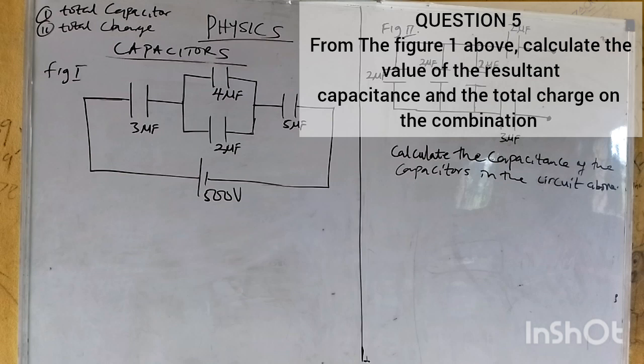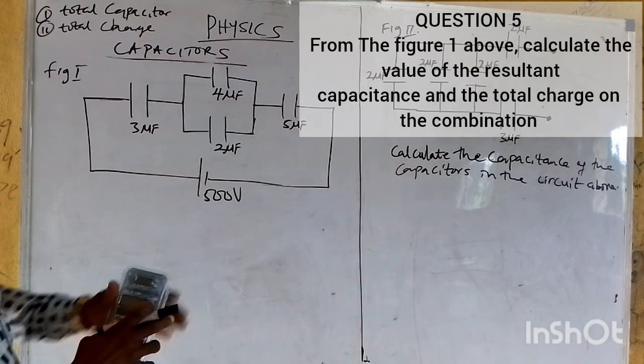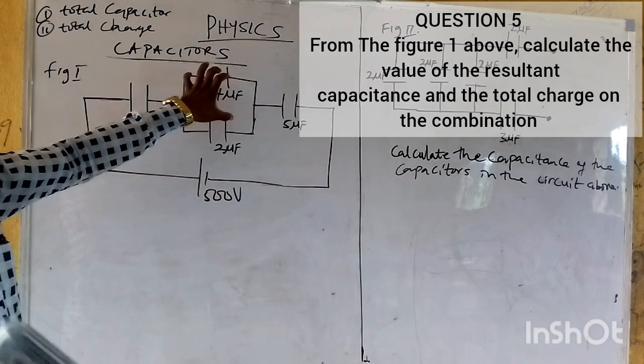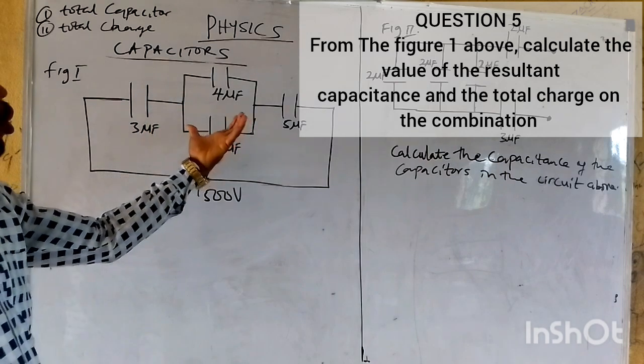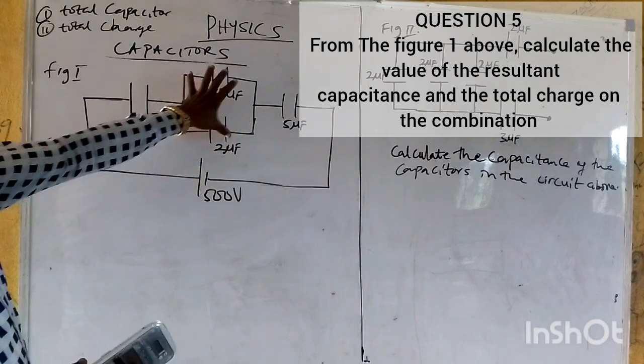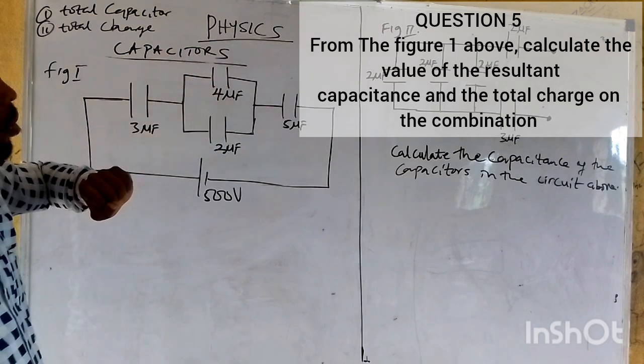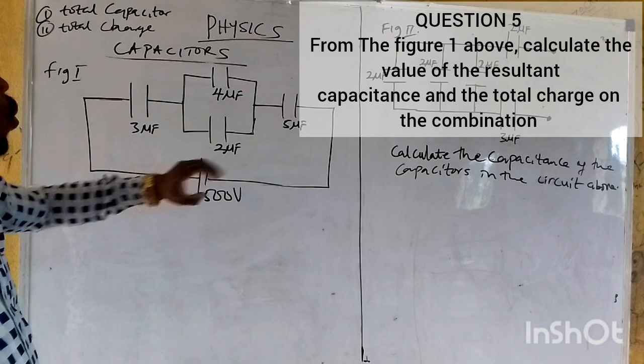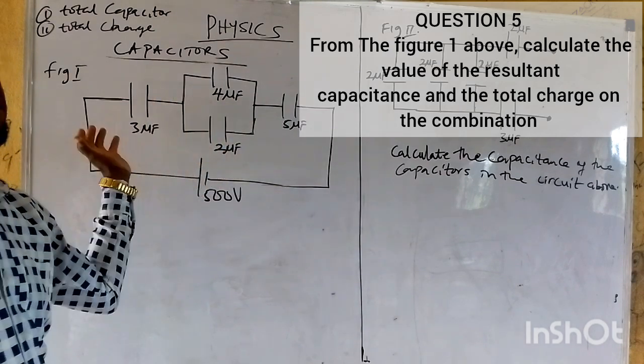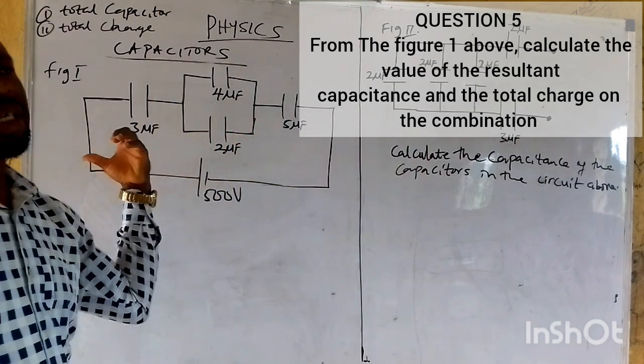Now, the first question we'll ask ourselves here is, what kind of circuit is this? If you look at this network, you know that these 2 and 4 are in parallel, whereas these and these are in series. So we have a circuit of this nature.